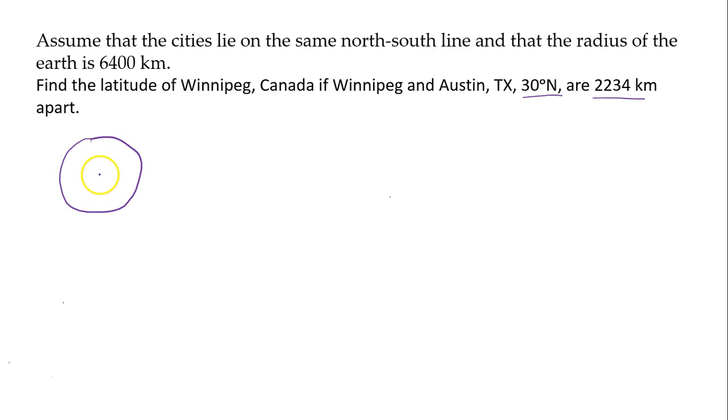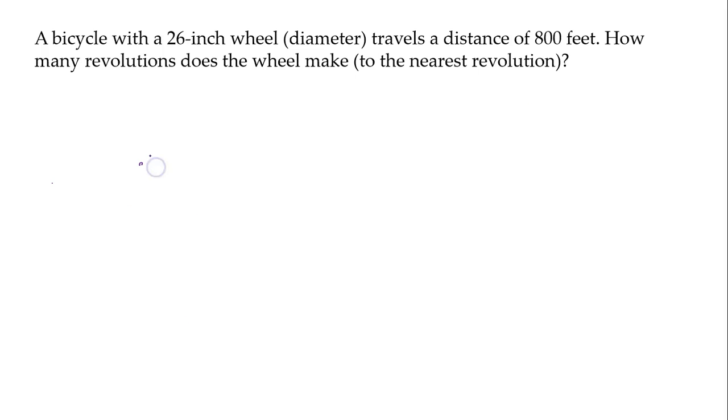So we have the Earth. Here's the equator, and above the equator line we have 30 degrees right here, and that is where Austin, Texas lies.